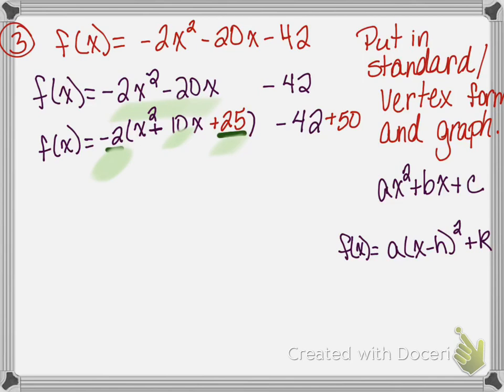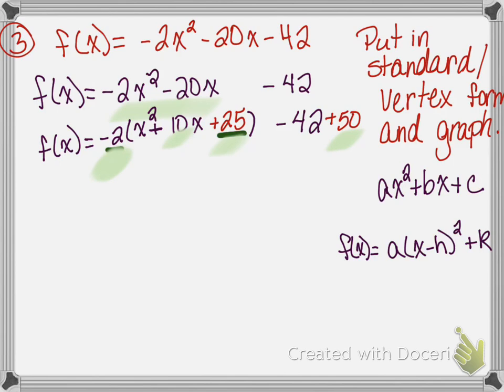Now, to keep my function equal, to make sure I'm dealing with equal parts with this function, I've got to zero out that negative 50. So with the parentheses and with completing the square, I have added negative 50 to this part of my function. So I've got to add a positive 50 out here in order to keep everything balanced. So that's why I'm doing the opposite.